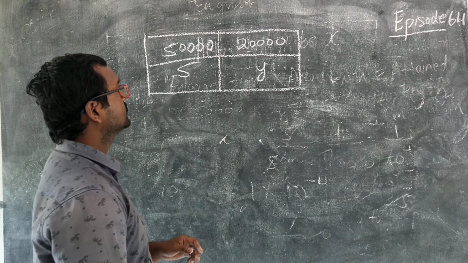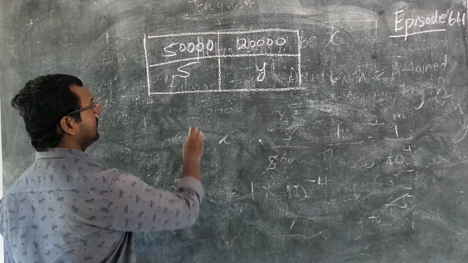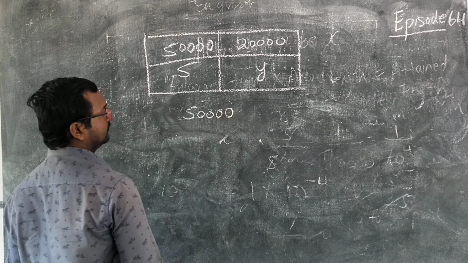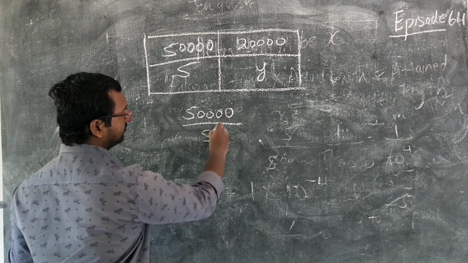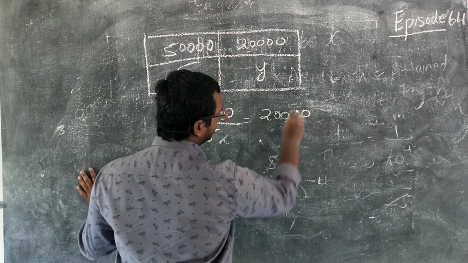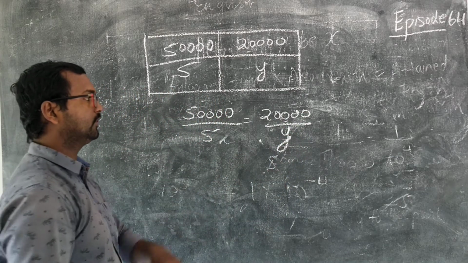That is the question. So see here, we have the diagram quotient formula, which is 50,000 divided by 5 is equal to 20,000 divided by y. So we want to find the value of y.